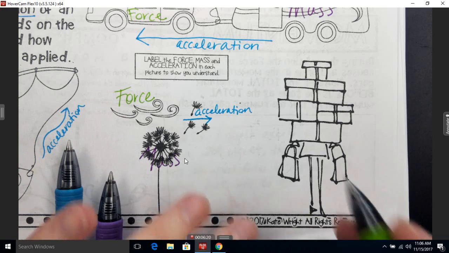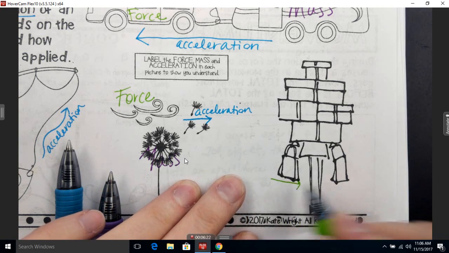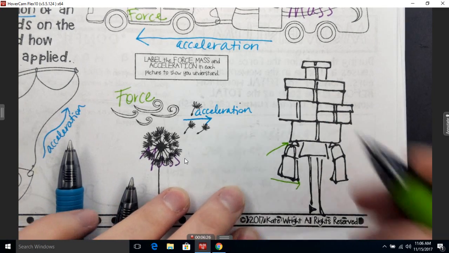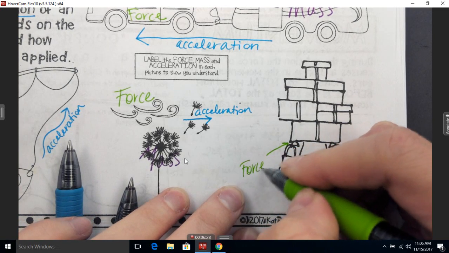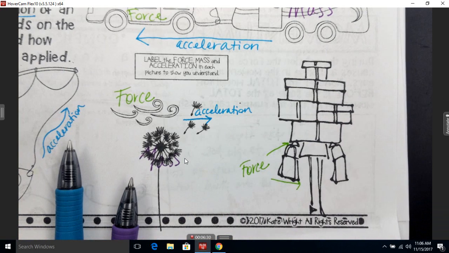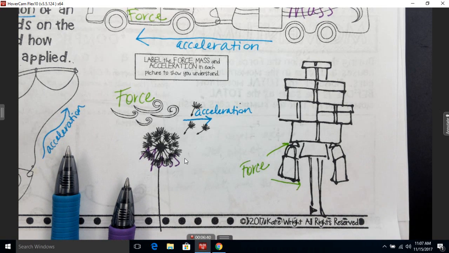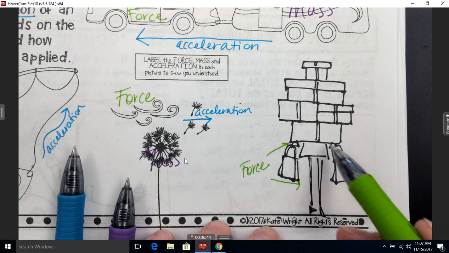She needs a force from her legs and her hands to hold those boxes up. Does that make sense? If the legs aren't there, she would fall. Her hands are holding them, but she's standing and holding.